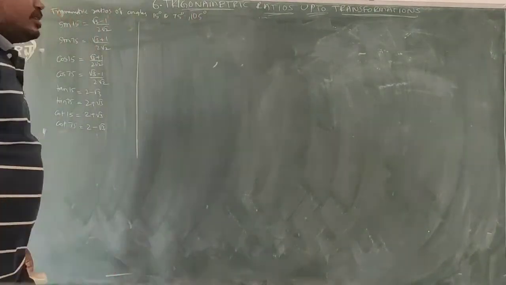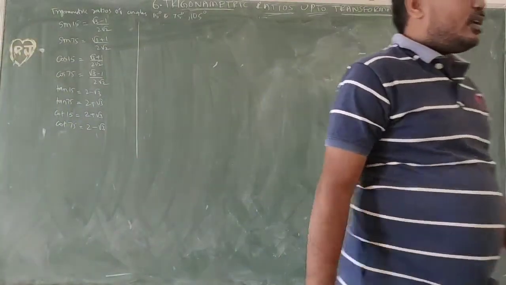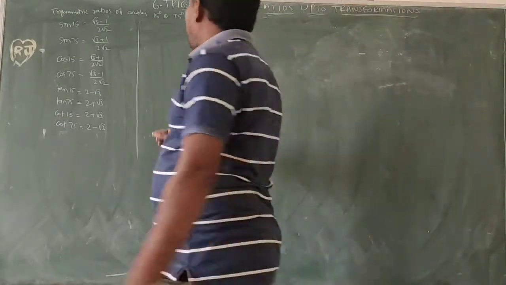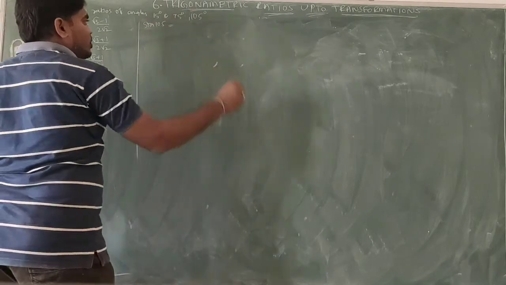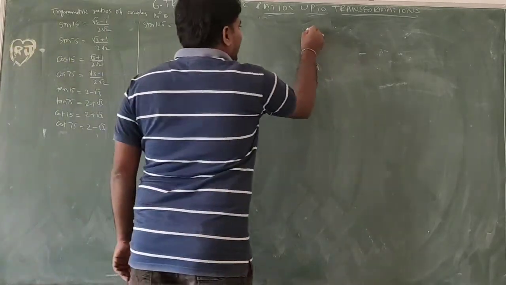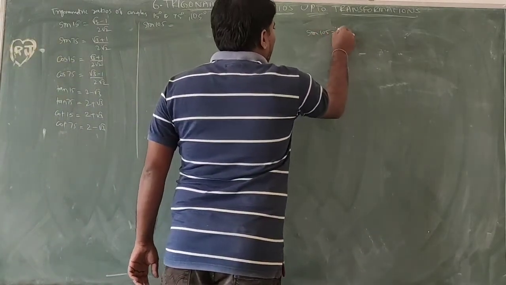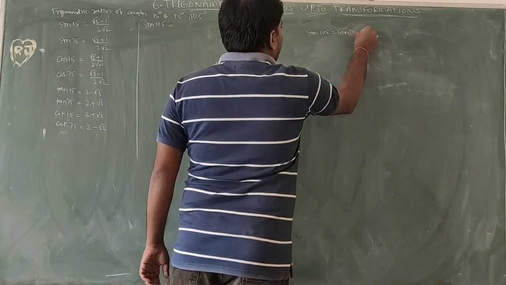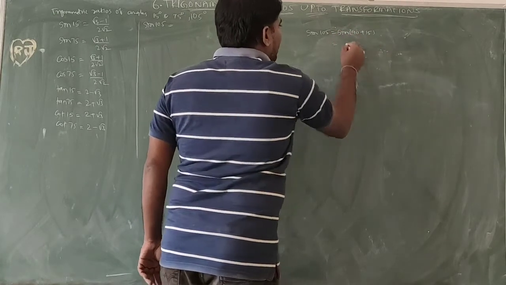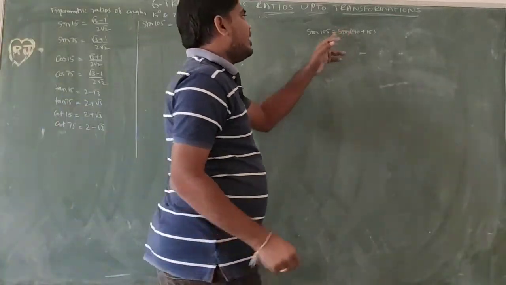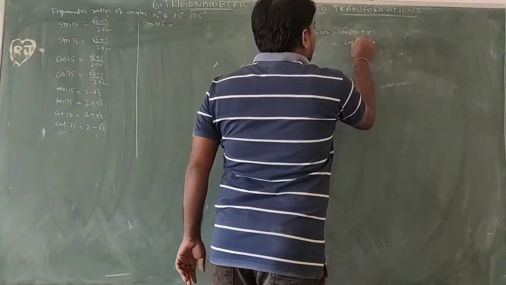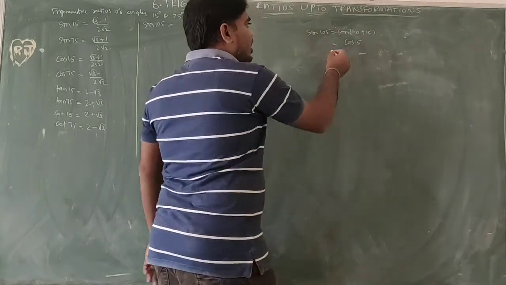105 degrees. Now I want to find the values for 105. Sin 105 equal to sin of 90 plus 15, sin of 90 plus theta. Since it is 90, sin will become cos 15. In 90 plus, the second quadrant, sin is positive.